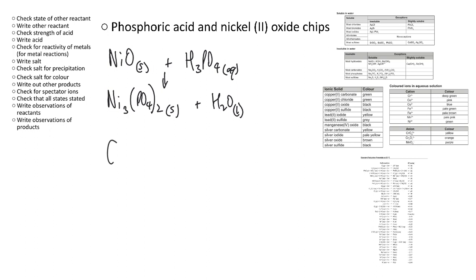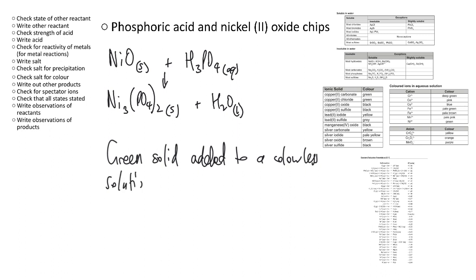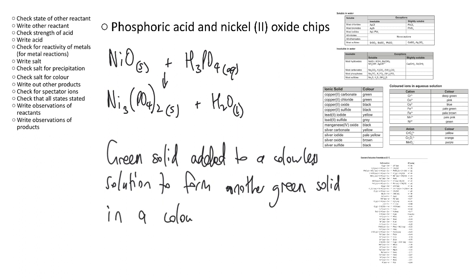Okay, so green solid, or green chips, added to a colorless solution, which is your acid, to form another green solid, because the nickel phosphate is green again, in a colorless solution. Okie dokie. All right, so that's that one there.